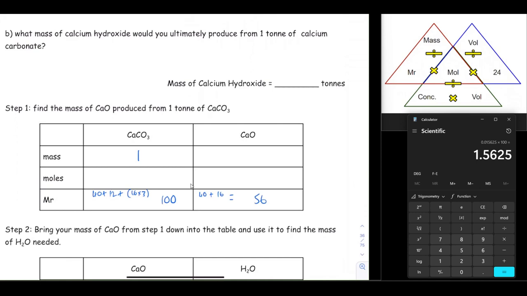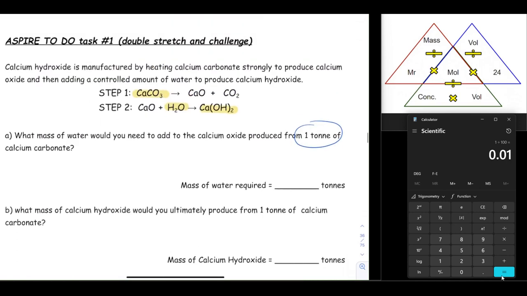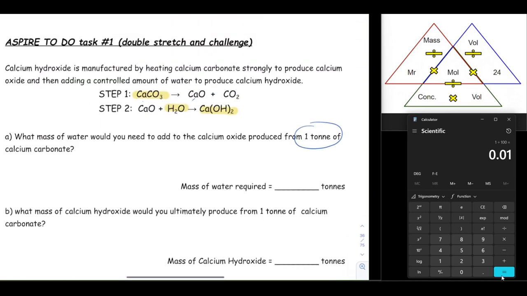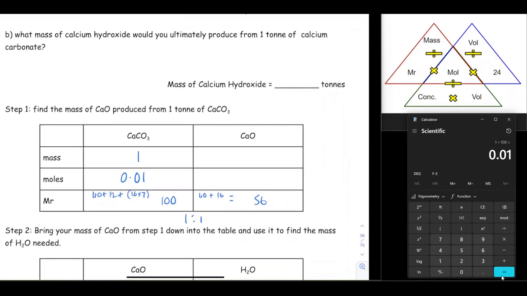So 1 divided by 100 gives us 0.01. That's why we always use a calculator. We know we've got a 1-to-1 ratio, given our balanced equation up here. So if we've got 0.01 moles of that, we've also got 0.01 moles of that. We times that by 56, and that gives us 0.56 tons of calcium oxide.